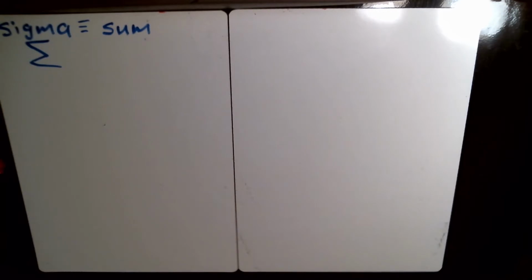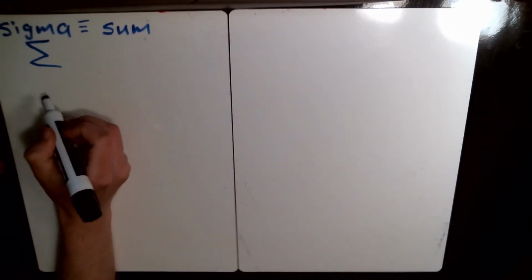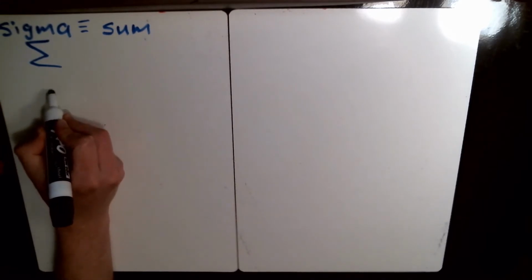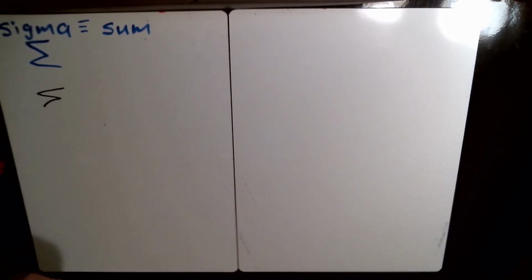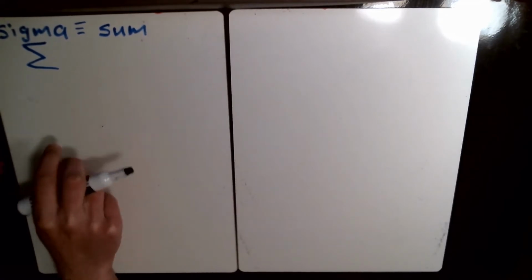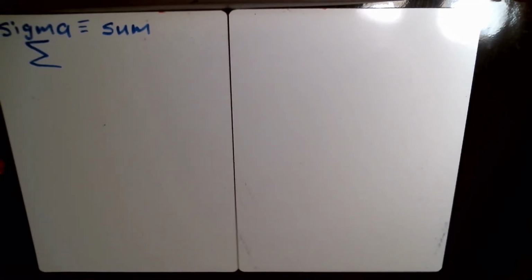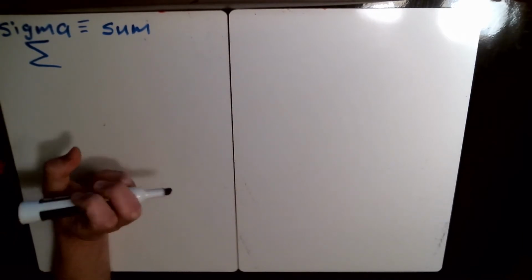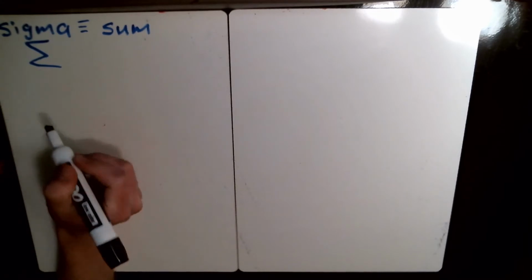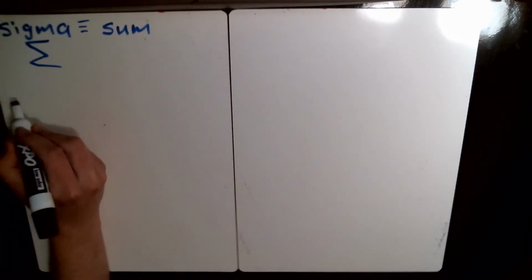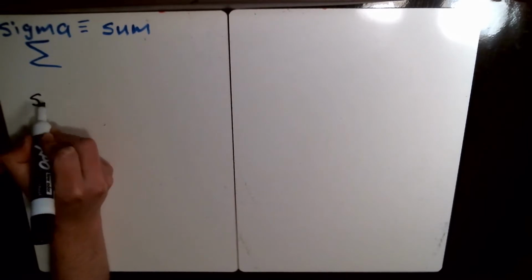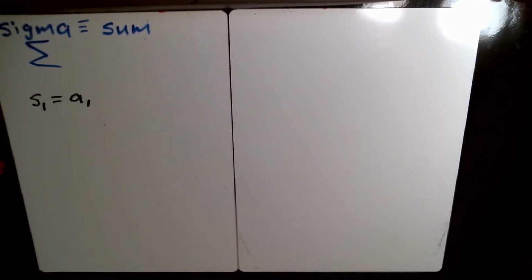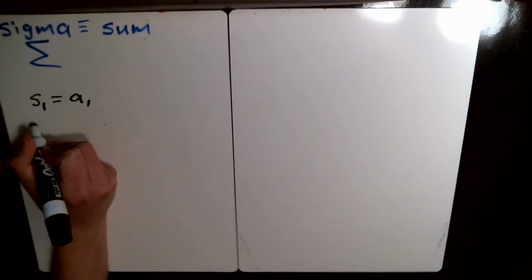And so the way that we write this in math is, well, maybe before I actually show you how it's done, I'm going to show you why we're using it. Because last time we had talked about our sequence of partial sums. Remember, the sequence of partial sums was: I took the first term of the sequence.